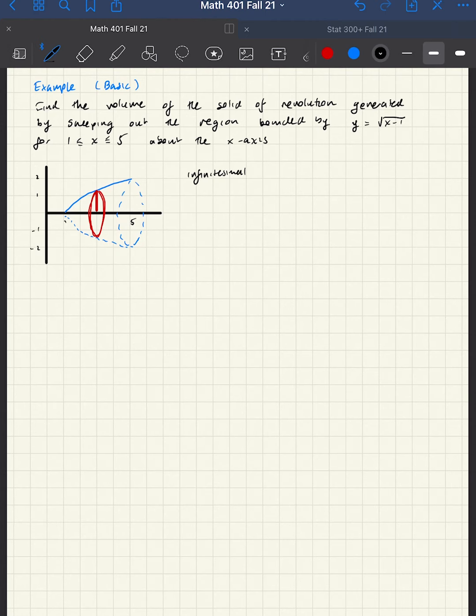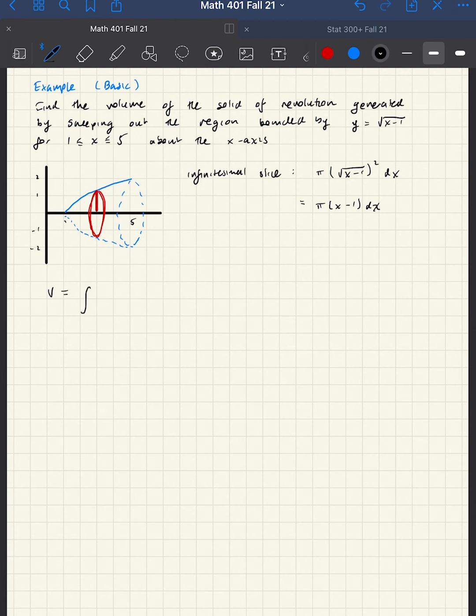So the infinitesimal slice is going to be pi square root of x minus 1 squared dx, which simplifies to pi x minus 1 dx.